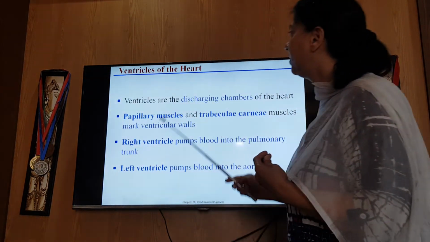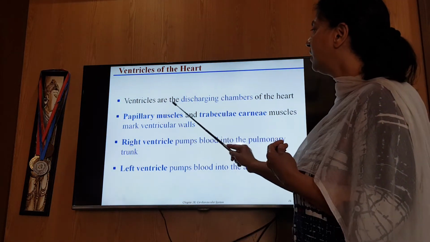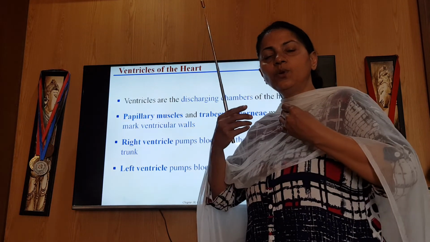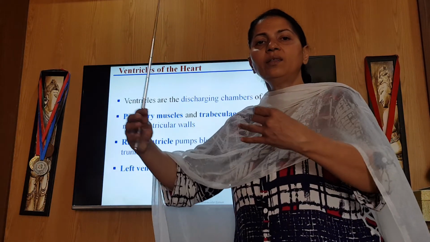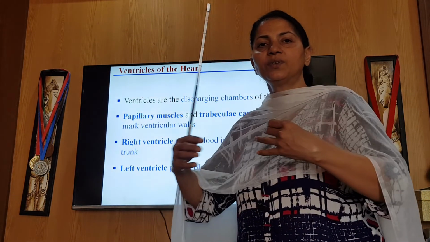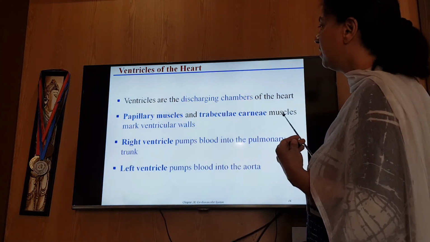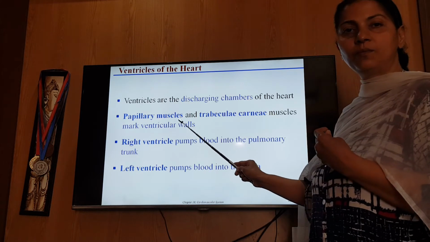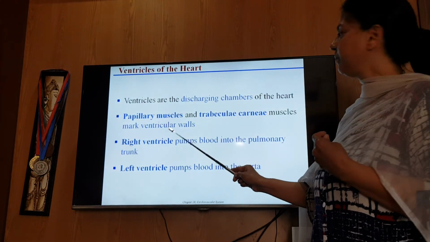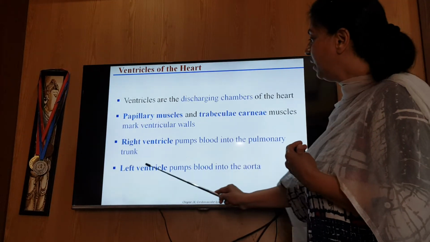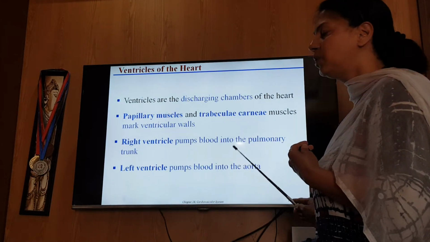Ventricles of the heart. Ventricles are the discharging chambers of the heart, meaning the chambers which are going to send away the blood from the heart towards the body. Papillary muscles and trabeculae carneae muscles mark the ventricular wall. Right ventricle pumps the blood into pulmonary trunk. Left ventricle pumps the blood into the aorta.